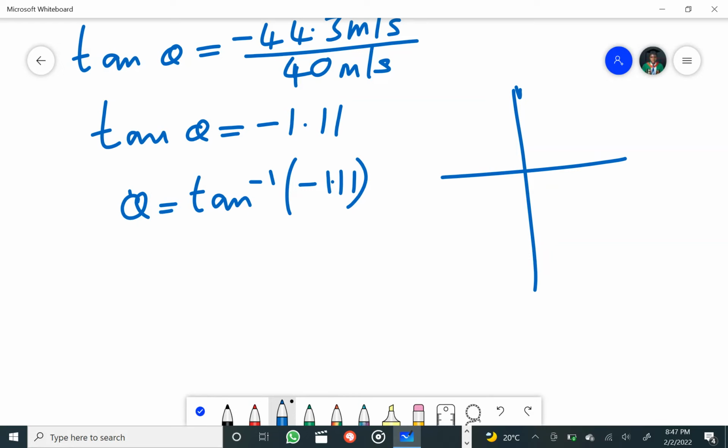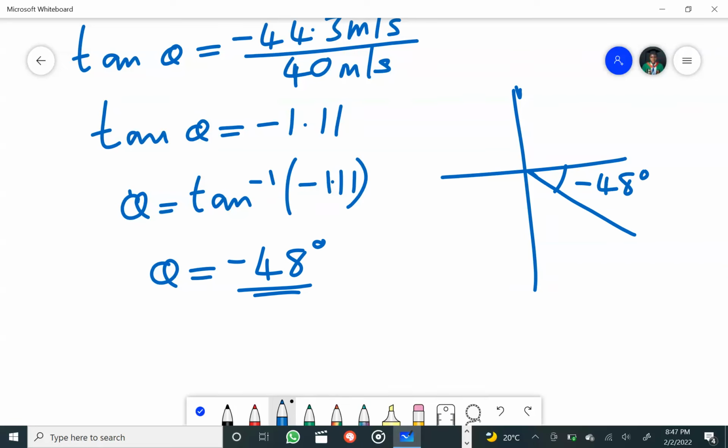So I'm going to do this in two ways so that I can clear this up. First, I'm going to have an answer which is negative 48 degrees. Now, negative 48 degrees is just an angle which is negative 48 degrees here. So to get the actual angle, I have to add 360.